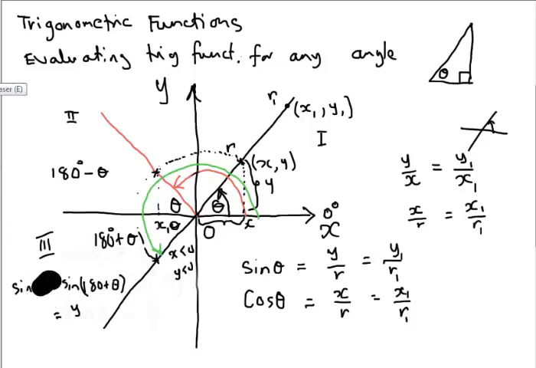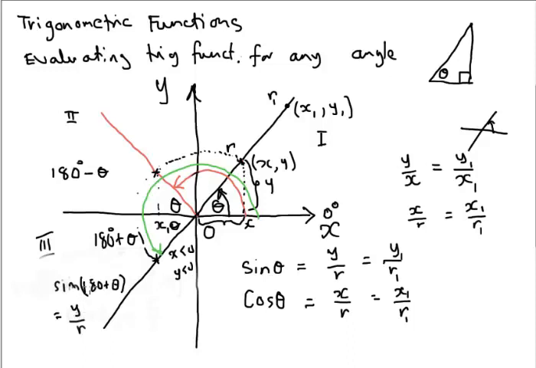Okay. I made a mistake there. Sine of 180 plus theta will be y over r.